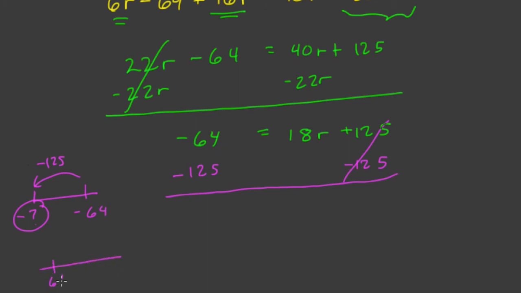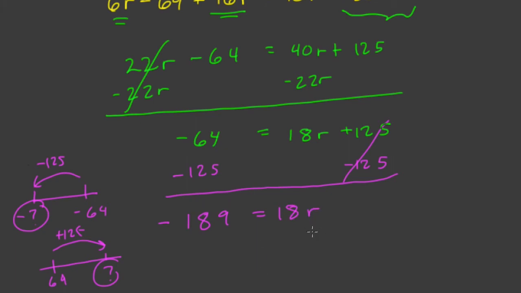If we had 64 and add 125, we will get the exact same thing, but just the opposite value. We'll get a positive value. So 64 plus 125 is 189, only it's negative. And that equals 18r.